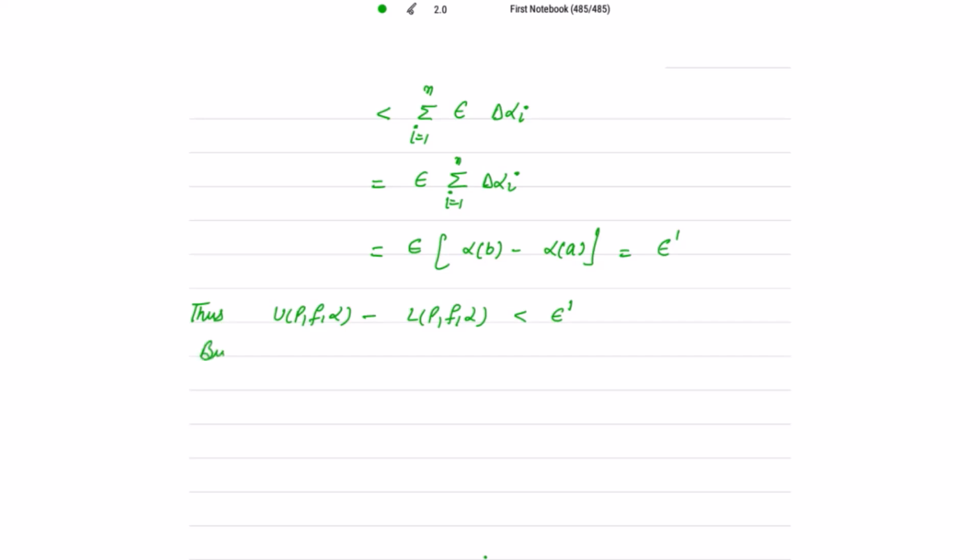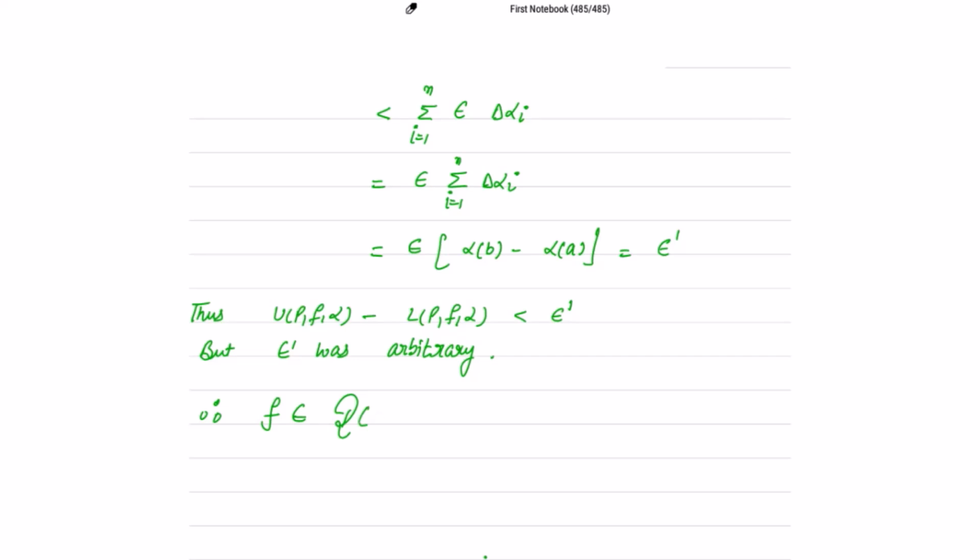So therefore, whenever this difference is less than epsilon, our function is Riemann integrable. This is an if and only if case. We have proved this result both ways. You can check in the previous videos. This is a result. So therefore f is Riemann integrable.